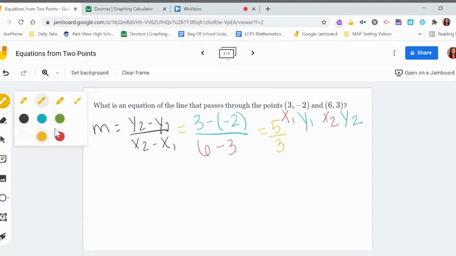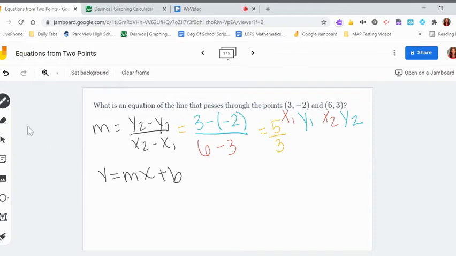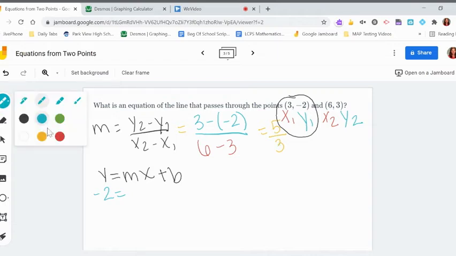All right, so now I'm going to use my slope-intercept equation. And I'm going to pick a point. It doesn't matter again. I'm going to pick the first point. My y there is negative 2 equals my m is 5 over 3, my x is 3. Multiply those two together. And then plus b.